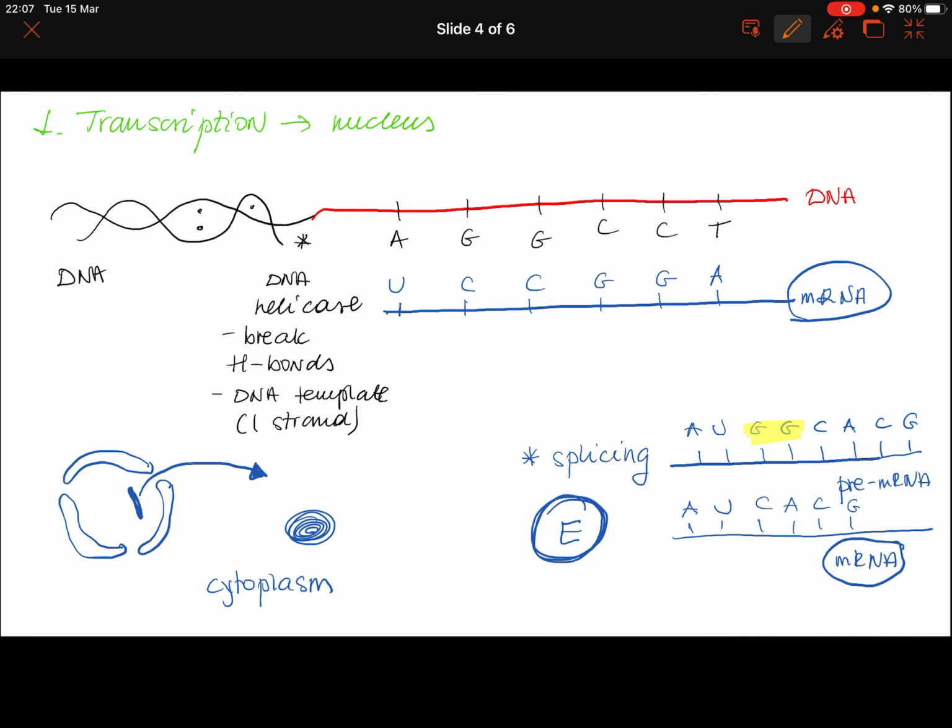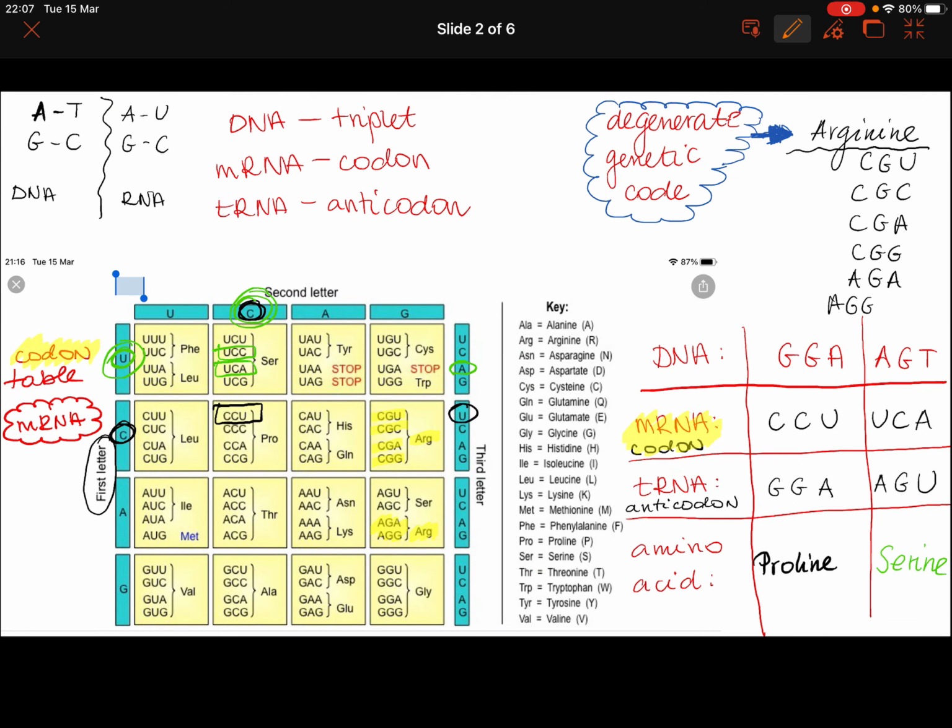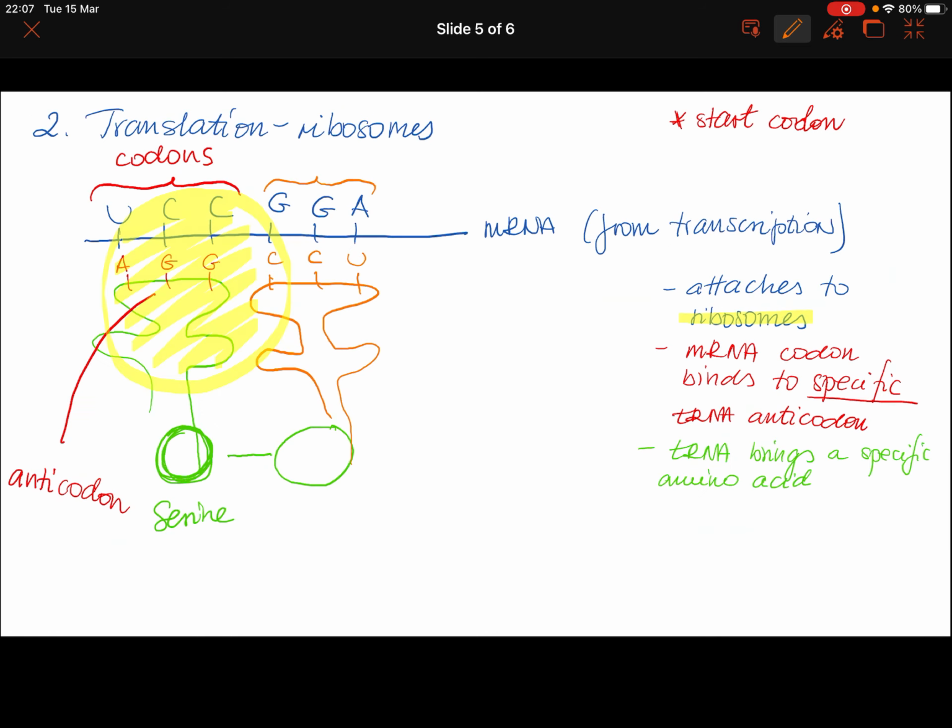So I'm going off the codon sequence GGA, locating GGA in our table. GGA. This is the glycine amino acid. And the process keeps repeating and repeating.